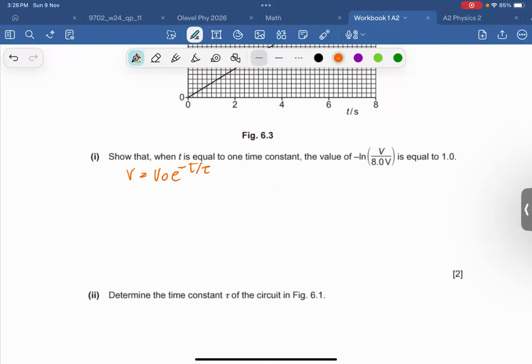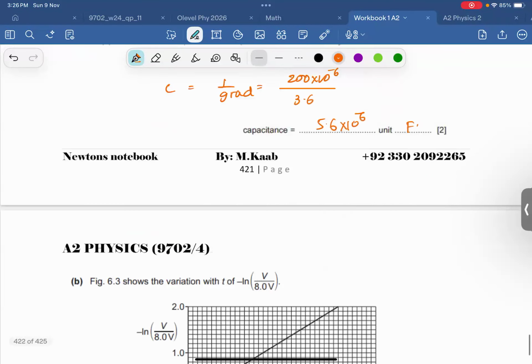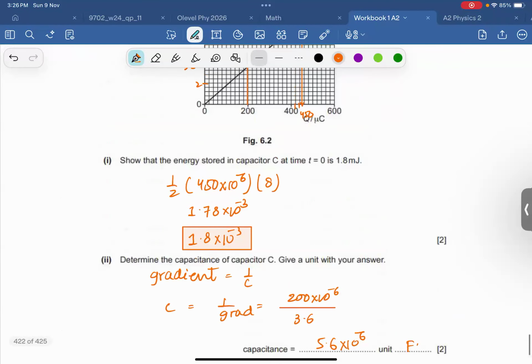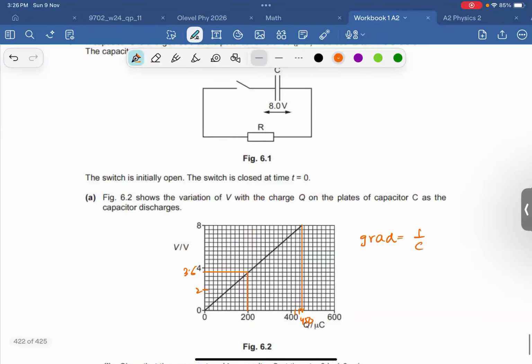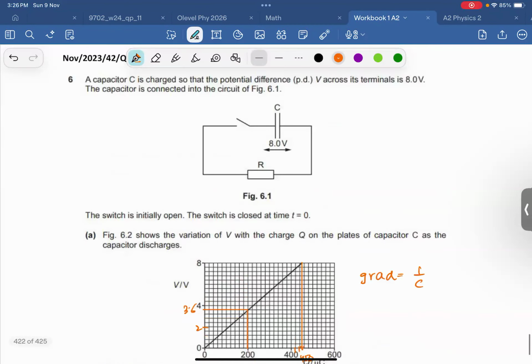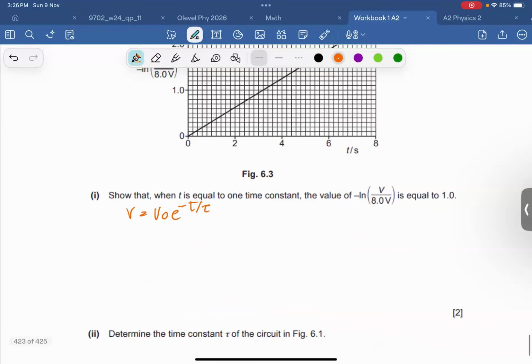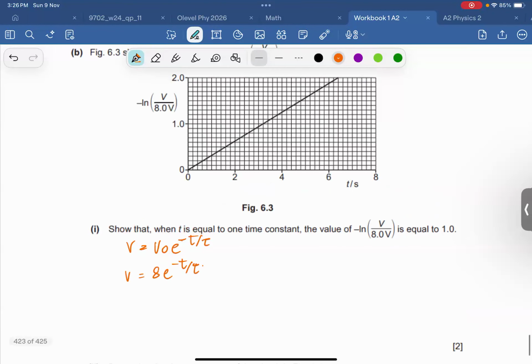We have the value of the capacitor, we don't have the value of the resistor, so we can use the RC thing. We know that the initial voltage is V naught, so that is going to be 8 e power minus t over tau. Now they're saying show that when t equals to one time constant, this whole thing becomes one.